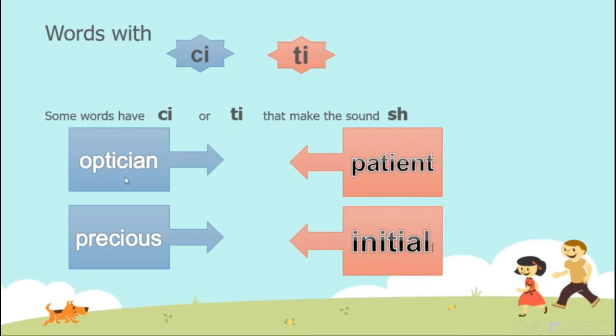Now here we have these letters that we pronounce sh in the words. Okay? Pronounce the rest of the words and do the activity of this. Complete it as a homework and show your teacher.